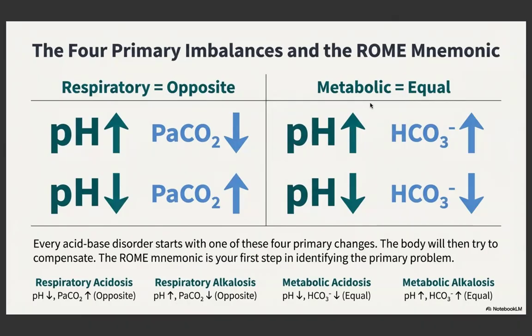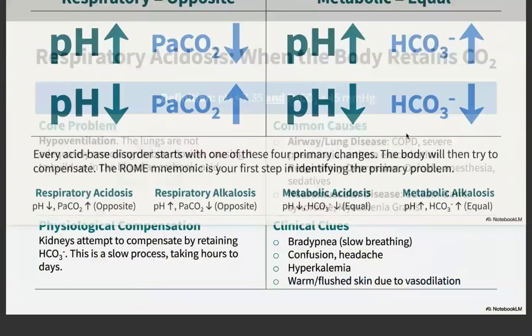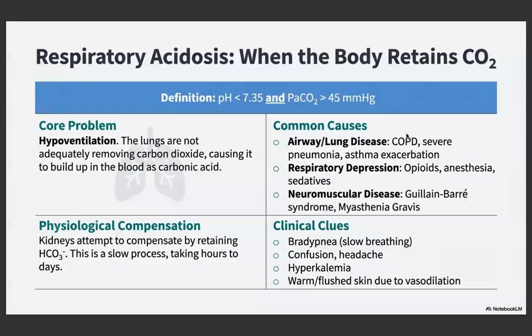And then with our metabolic, our pH is equal to, so they don't rise at exactly the same rate, but if you see an increase in one, like pH and bicarb, it's going to indicate some sort of metabolic alkalosis or acidosis.